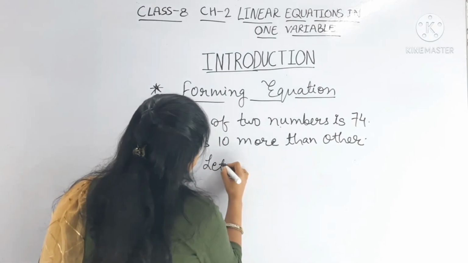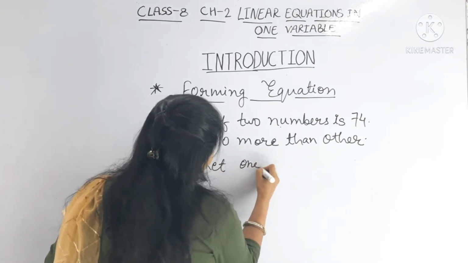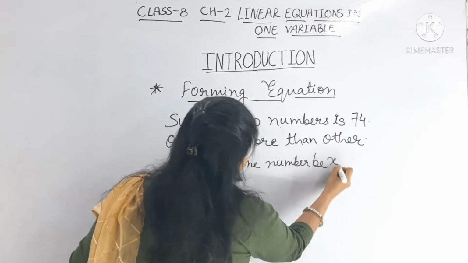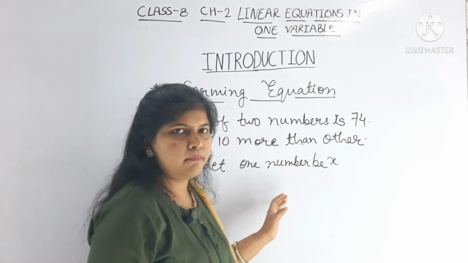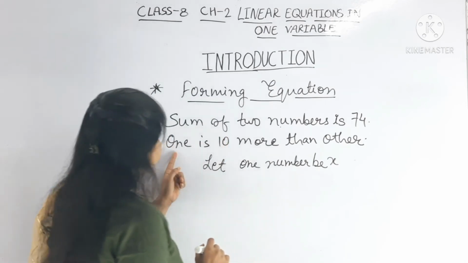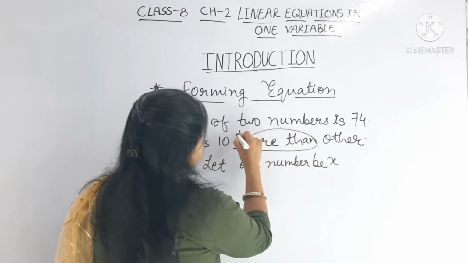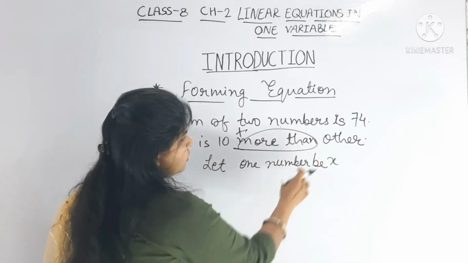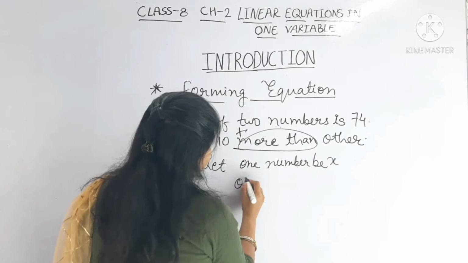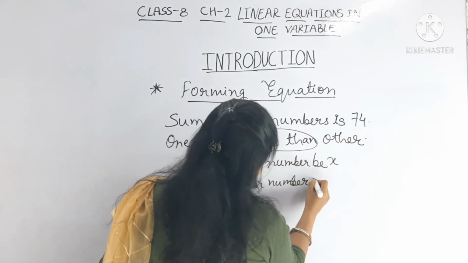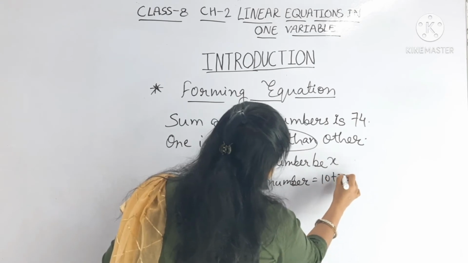Let one number be x. I am taking one number as x, and the second one is 10 more than it. More than means addition, that is plus. So the other number is 10 plus x.